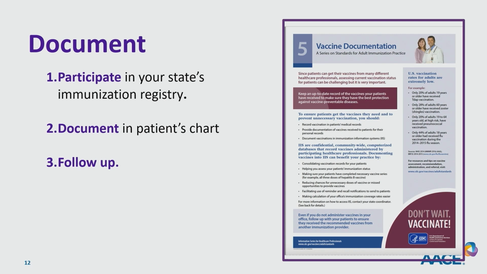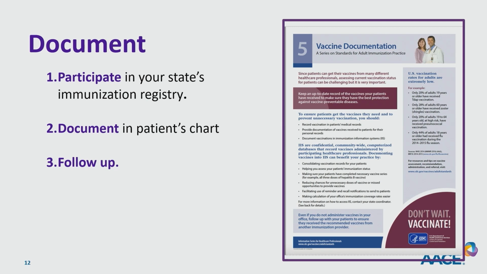How many of us here are aware of immunization information systems in our states? Okay, good. How many of us use EHRs? I think everybody. So how many of us are aware that EHRs are supposed to communicate with these systems?